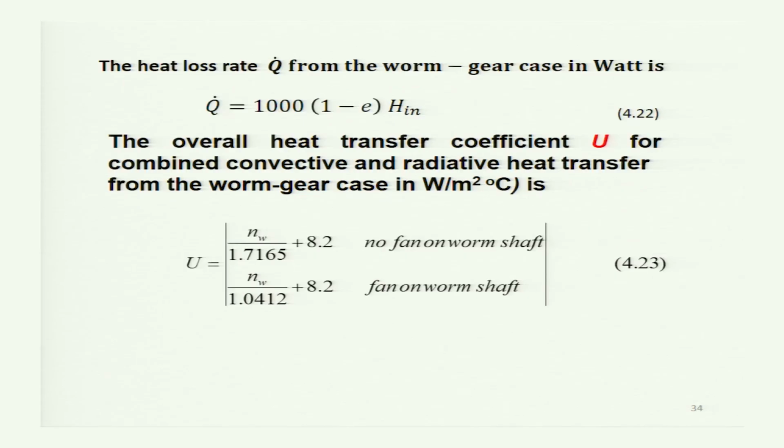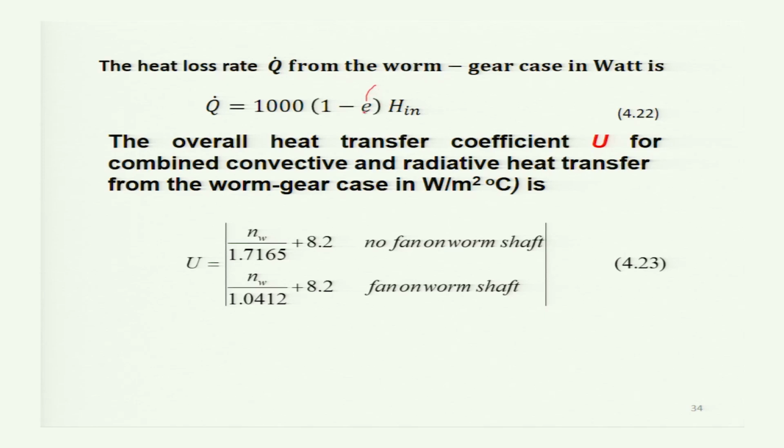Now the heat loss rate Q dot from the worm gear case in watt is given by, if the efficiency is E, we have already obtained the efficiency term.